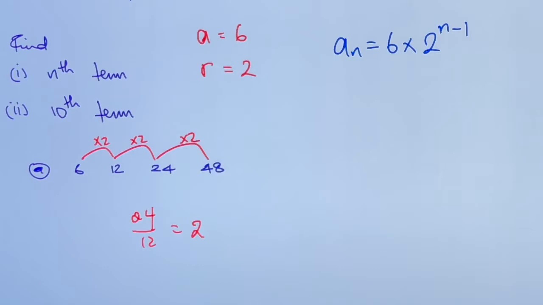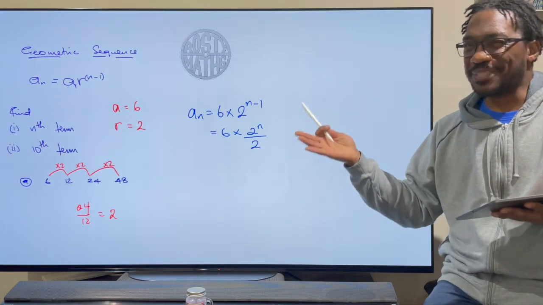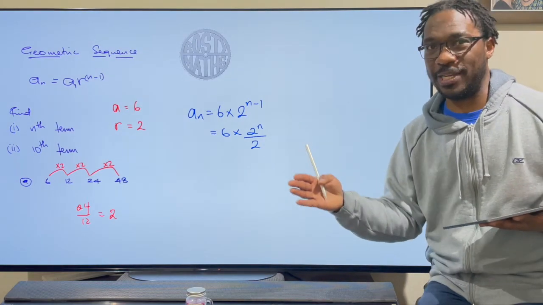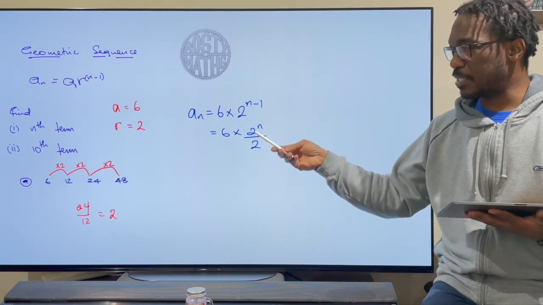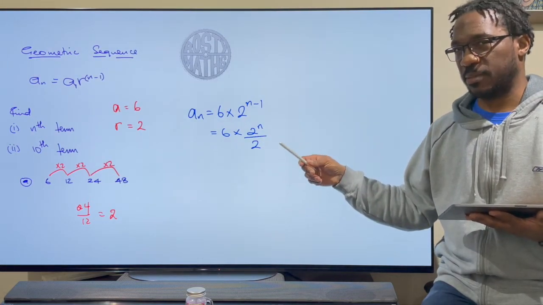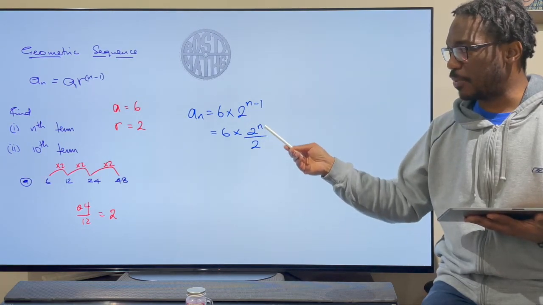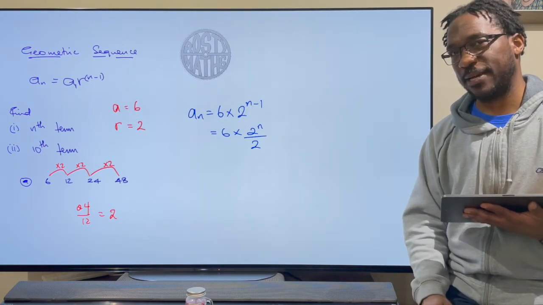So what I will end up having is 6 times 2 to the power n divided by 2. Now this 2 has a power of 1. We don't really need to write it in, because if you don't see a power, the power is 1. Okay, so if we're dividing indices and the base is the same, we normally subtract the power. So this in its simplest form is 2 to the power n, take away the power here, which is 1, and that's why that looks like that.